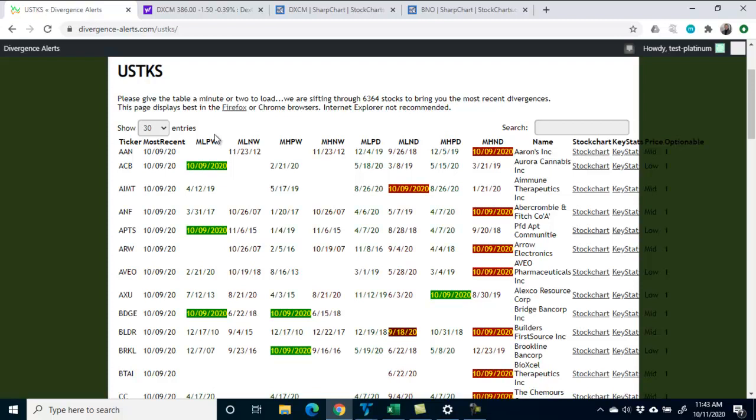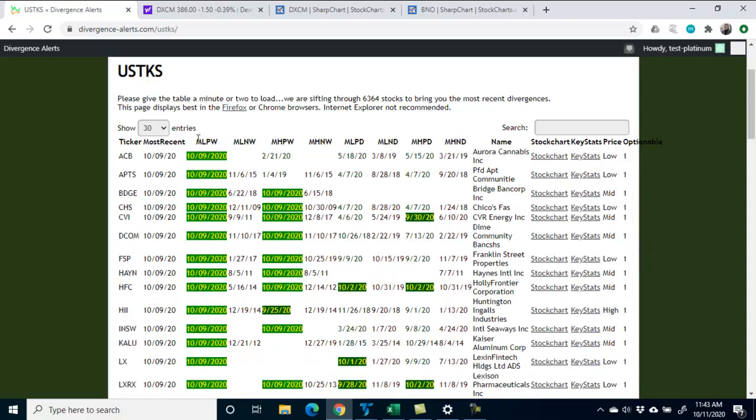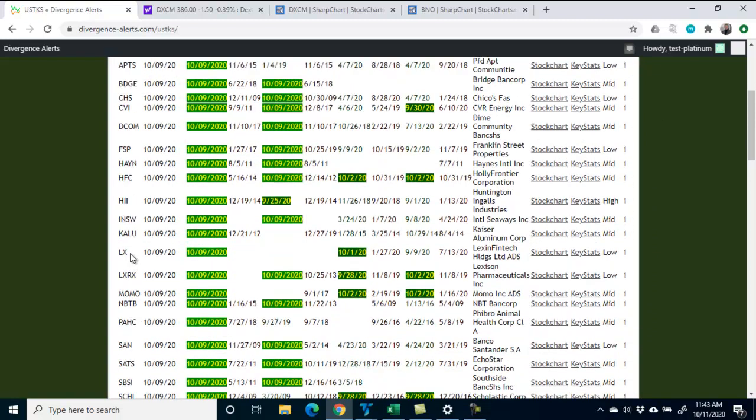Okay, looking at the US stocks, again, here we have the different types of divergences and the different sorting mechanisms that are possible. And we can go down and look at the different possibilities that have divergences. In the spreadsheet example, we picked on KALU, which looked like a pretty good possibility.